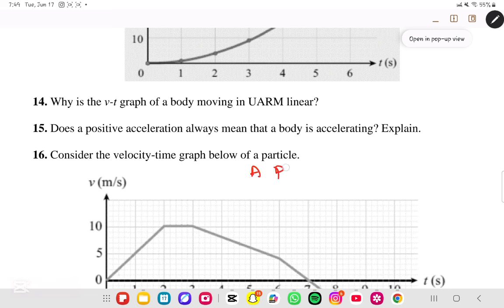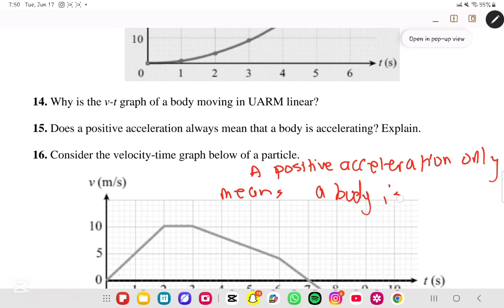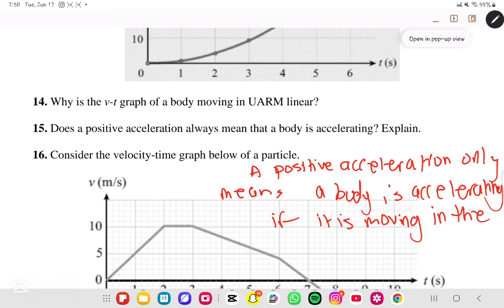A positive acceleration only means a body is accelerating if it is moving in the positive sense. So if it's moving in the negative sense, it's not accelerating, it is decelerating.